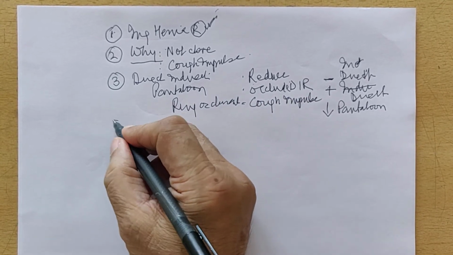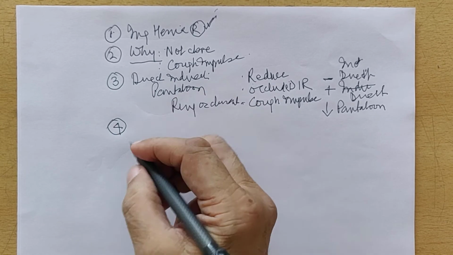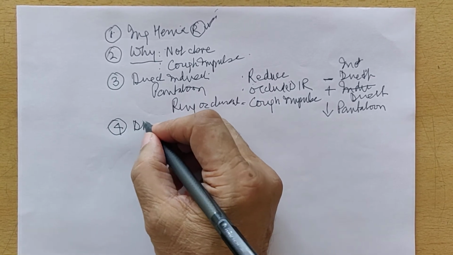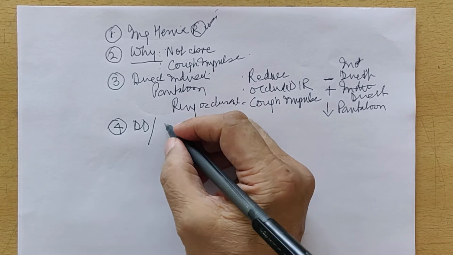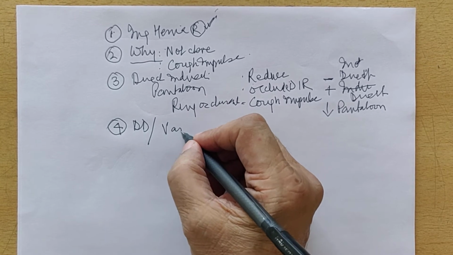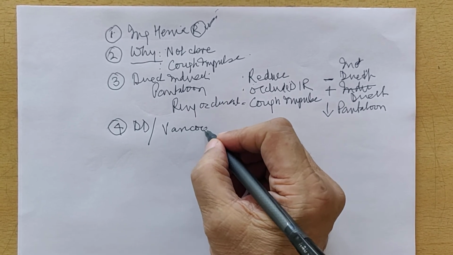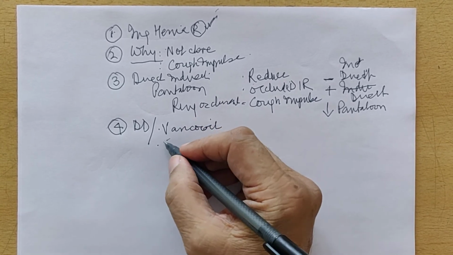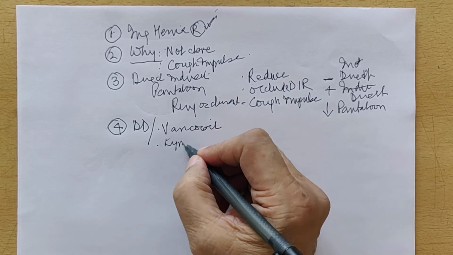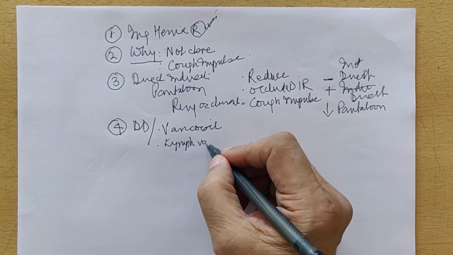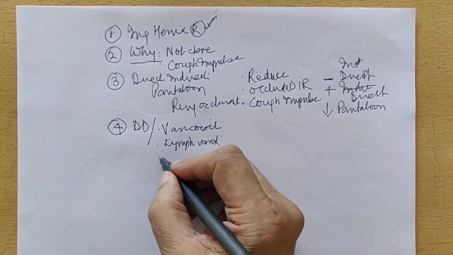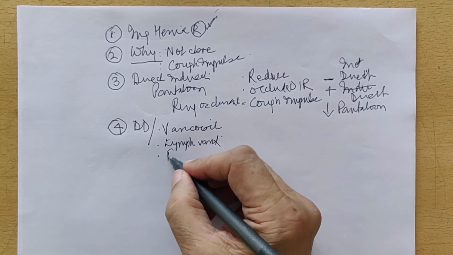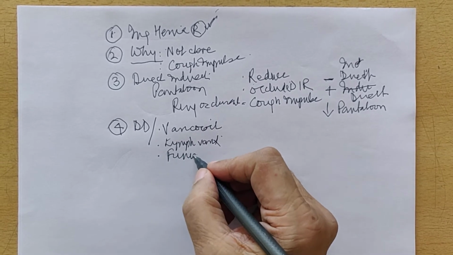Then they ask you, what is your differential diagnosis? You say, my differential diagnosis is that it can be a varicocele from the pampiniform plexus of veins. It can be a lymph varix. It can be inflammation of the lymphatics as seen in filarial funiculitis.